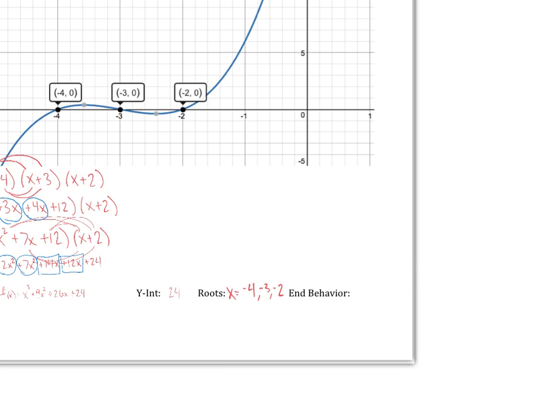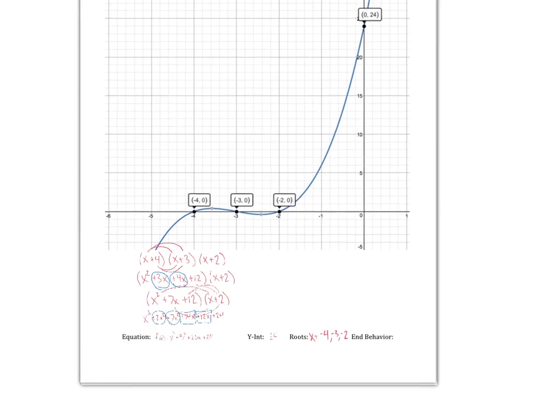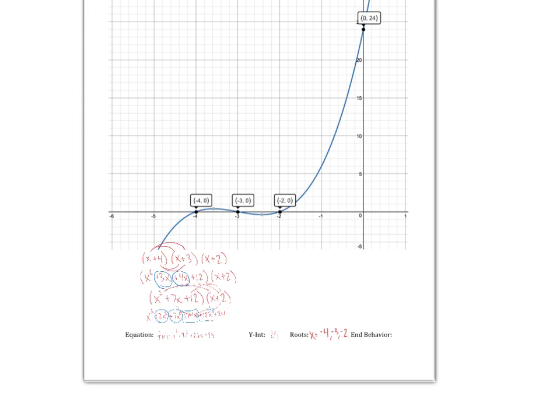Now, this is the thing that's been giving people the most trouble. So I'm going to zoom out and we're going to look at this whole picture here. As x decreases, so as x moves this direction and heads towards -infinity, what does this end of my polynomial do? As we go this direction, now it's dropping off, and it's going to drop off forever and ever.